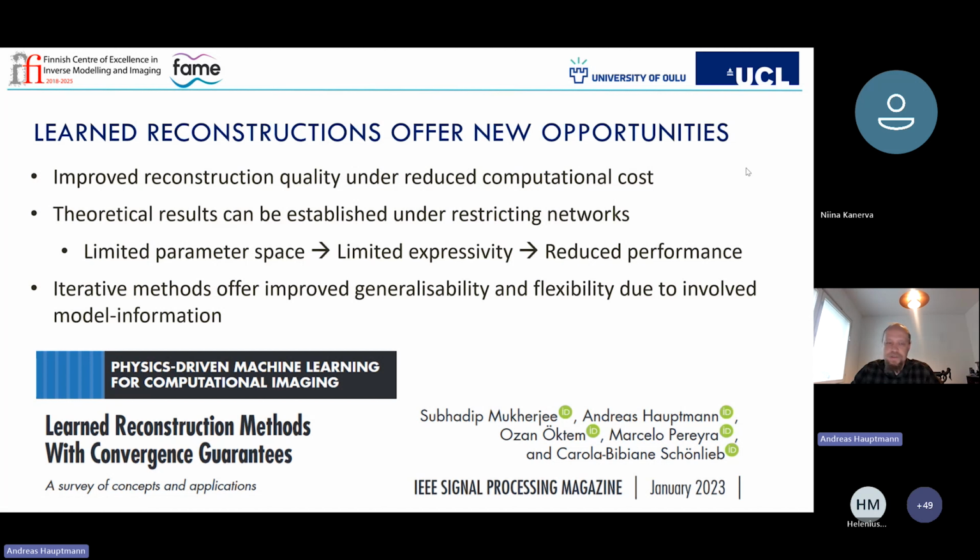Typically, at least so far, this usually leads to reduced performance, simply because we are limiting the parameter space of the neural networks. But in the iterative framework that I've presented, we at least empirically see that we get quite good generalizability, and we have flexibility with respect to the methods or the imaging modalities we apply it to. And that's it from my side.